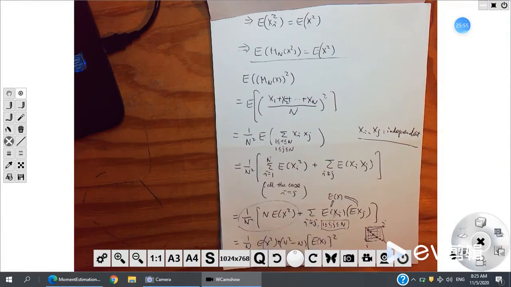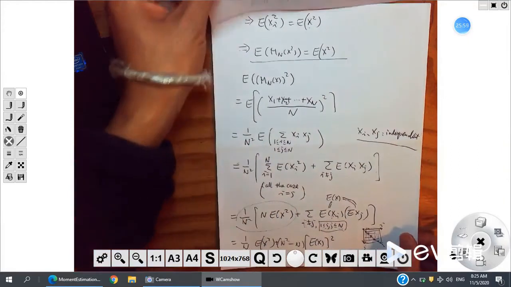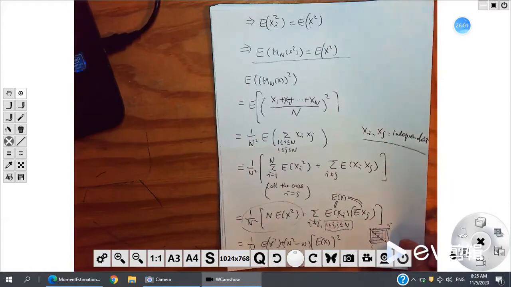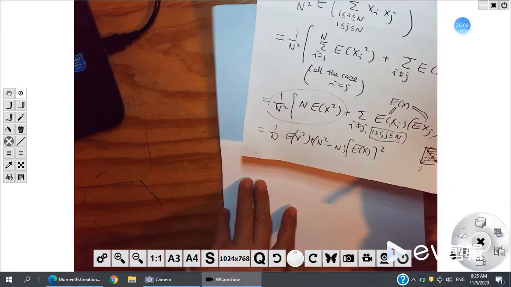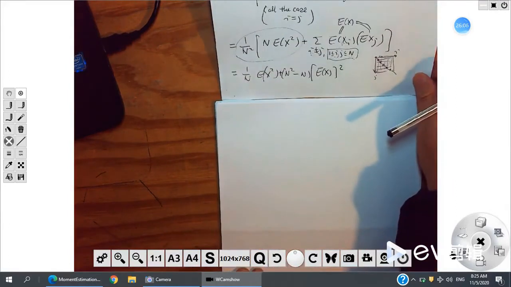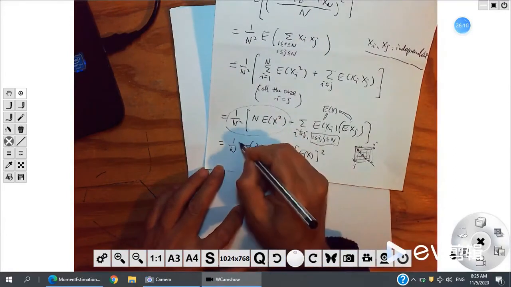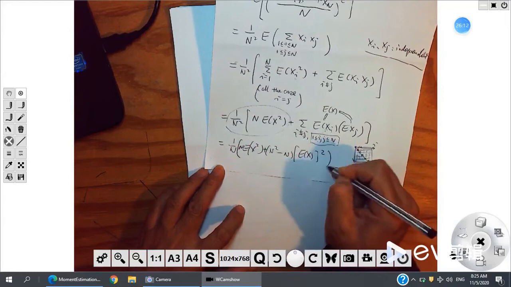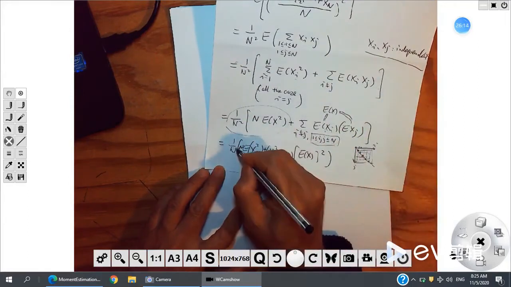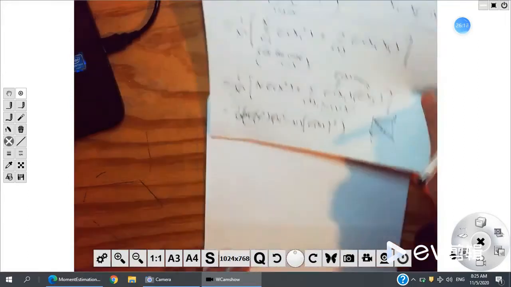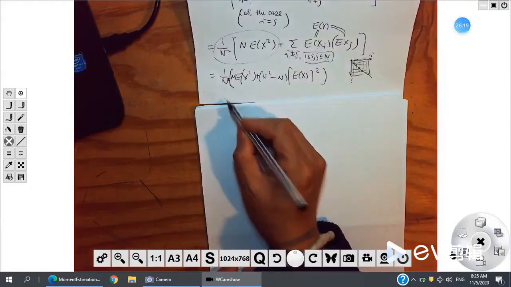Alright, so we have this. I need to combine together. Can I do something simpler? Here is n, here is n squared. Now I can cancel one of n.